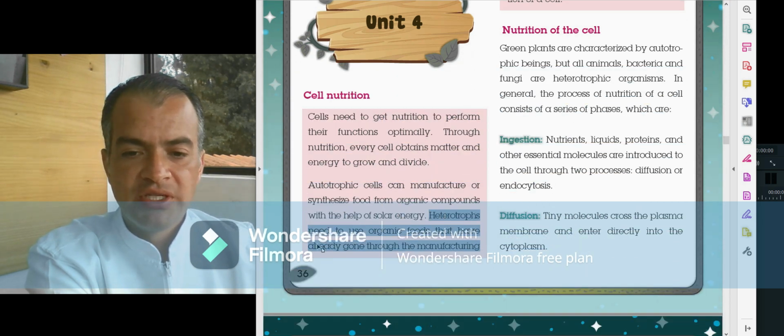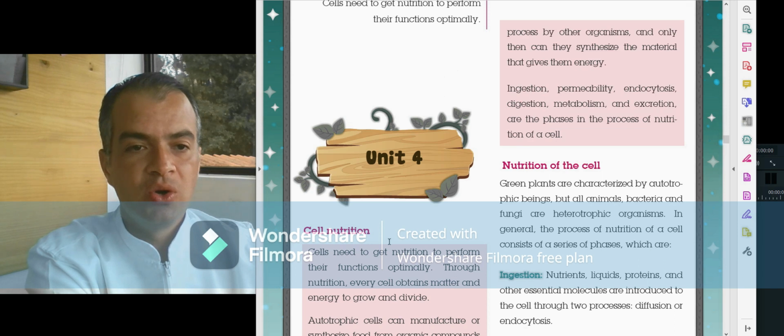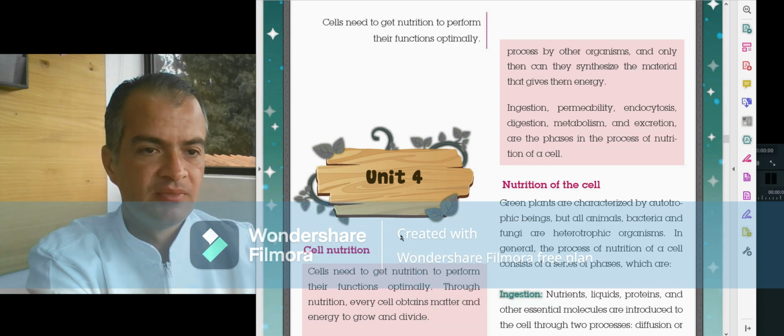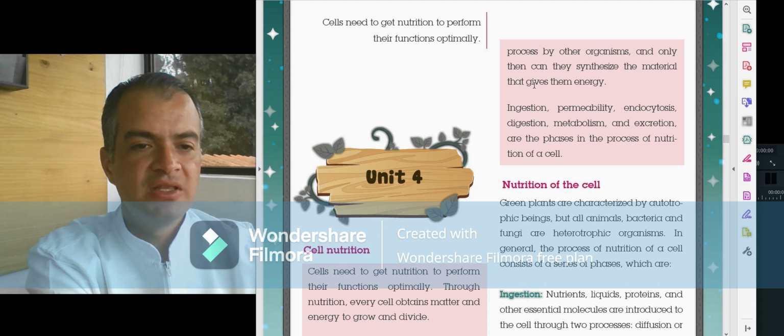Los heterótrofos necesitan usar comida orgánica que ya fue manufacturada por otros organismos. And only then can they synthesize the material that gives them energy. Y solo ahí pueden sintetizar los materiales que les dan a ellas energía.